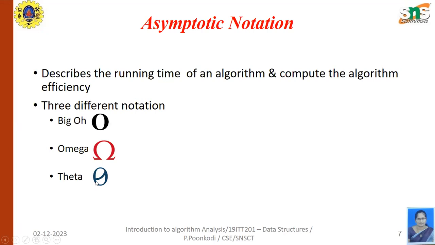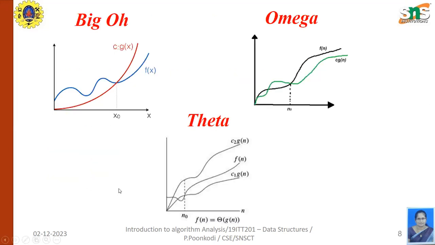Theta means the running time may go up or down, depending upon the processor configuration or execution of your program, and it will be represented that way. That is theta.